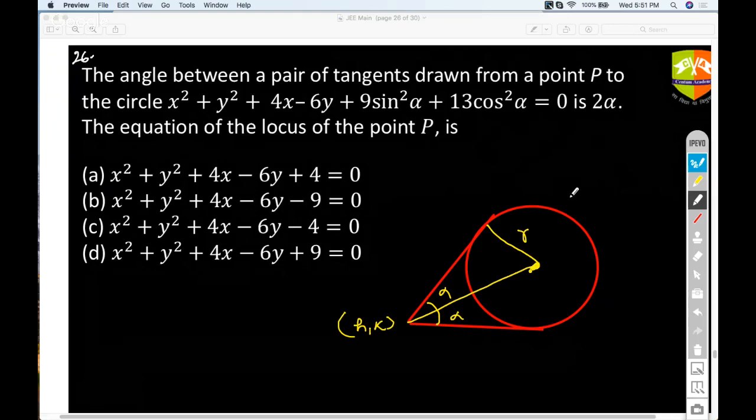Okay. So this circle has the center as minus 2 comma 3. Correct? And what is the radius? Radius is going to be under root of 4 plus 9 minus c.